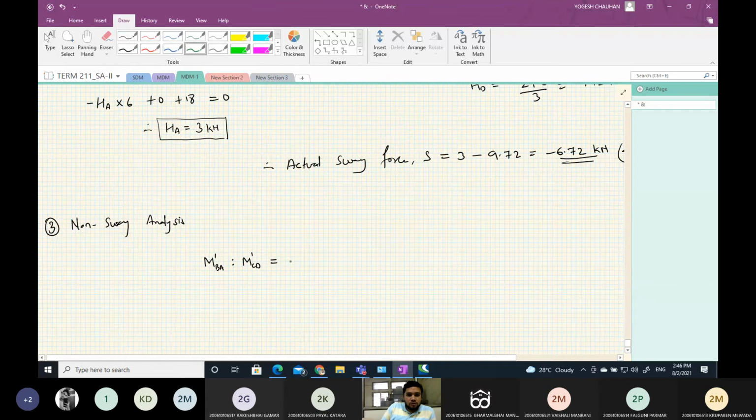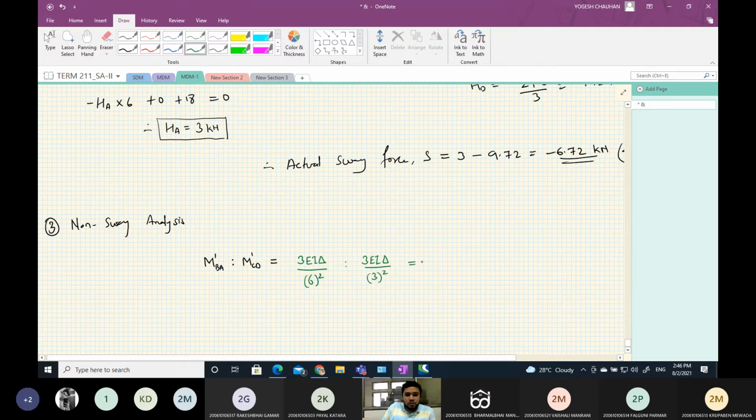So the moment here will be 3 EI delta by L square, it is 6 meter, and for this it is 3 EI delta by 3 square.